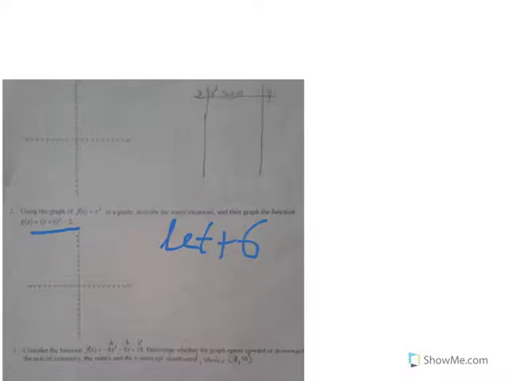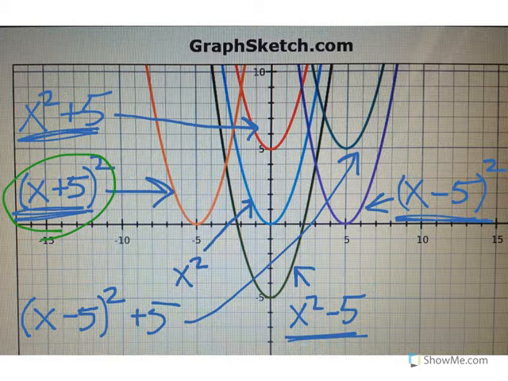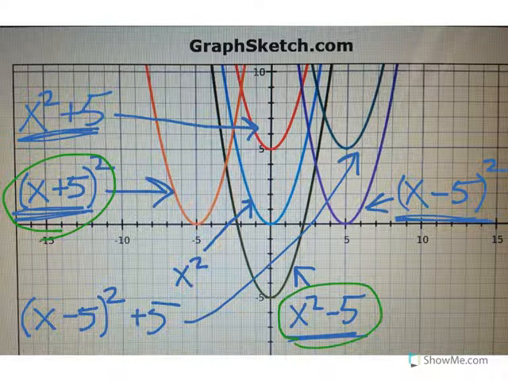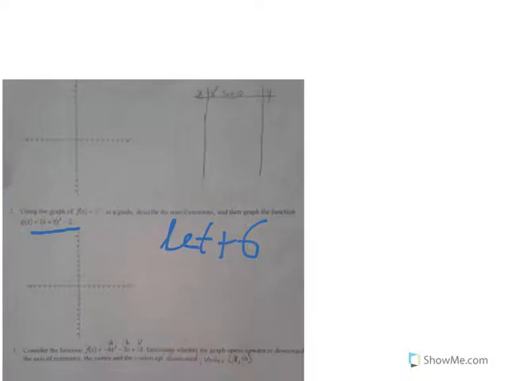And then I'm subtracting 2. Well, I remember from here when I subtracted outside the parentheses, it went down. So this one is going to go left 6 and down 2.